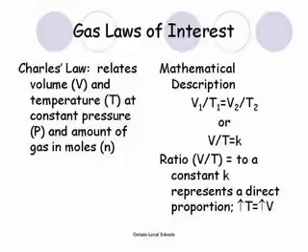If you increase the temperature, you increase the volume. If you decrease the temperature, you decrease the volume. Again, the pressure and the number of moles of gas must be constant for Charles' law to be used as a descriptor.